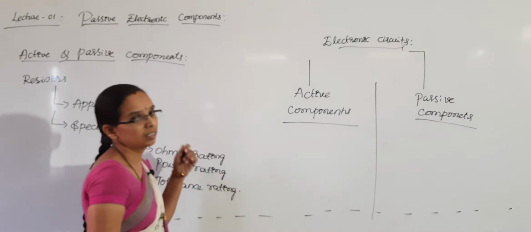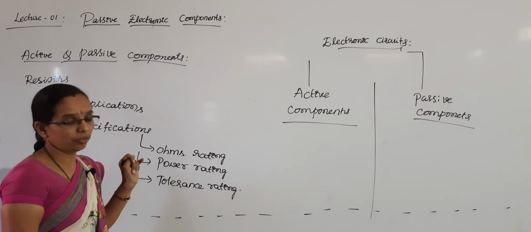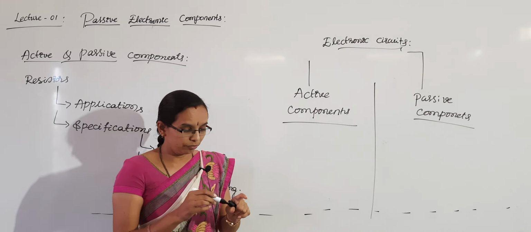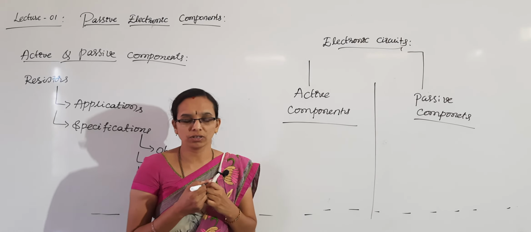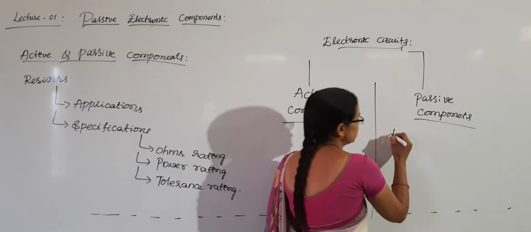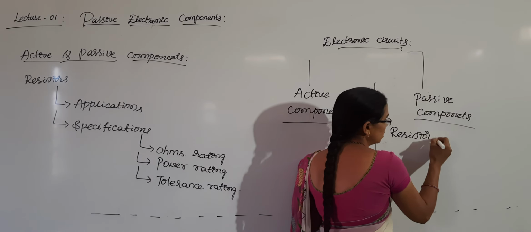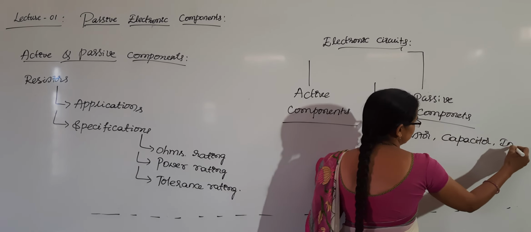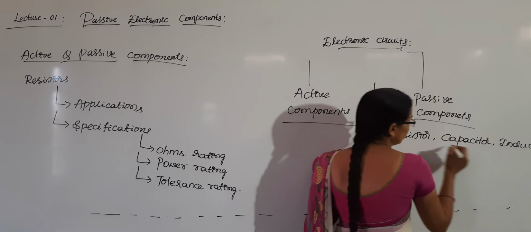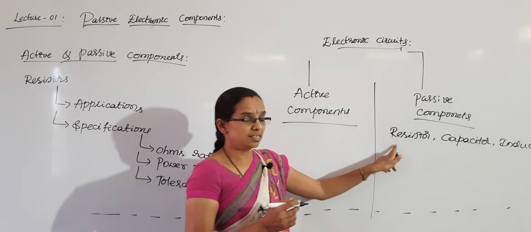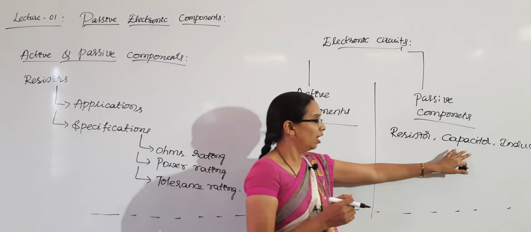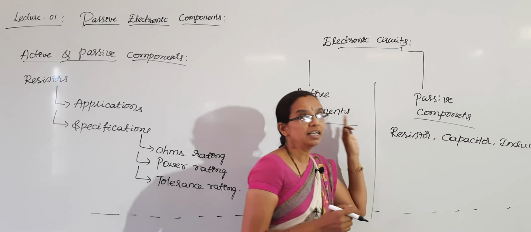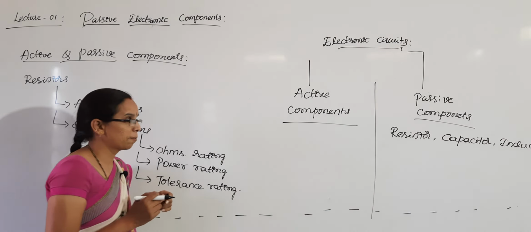This chapter is more about passive electronic components. The very well-known example of a passive component is the resistor. Along with the resistor, there are two more, capacitors and inductors. We are going to study the construction, working, properties and specifications of these passive components, resistors, capacitors and inductors.